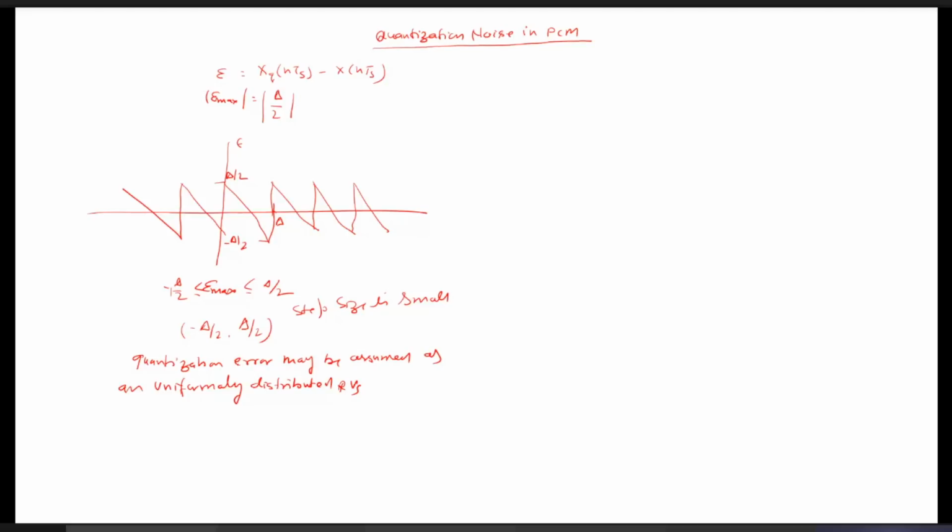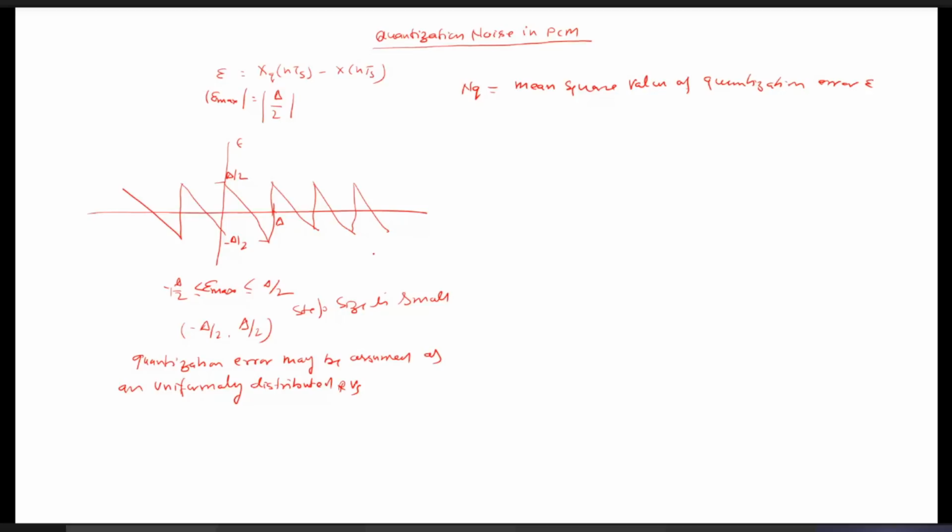One thing I want to clarify: sometimes we are asked what the difference is between quantization error and quantization noise. Quantization error is the difference of the voltages, the output of the quantizer minus the input of the quantizer. Whereas the quantization noise that we want to calculate is the mean square value of the quantization error epsilon.